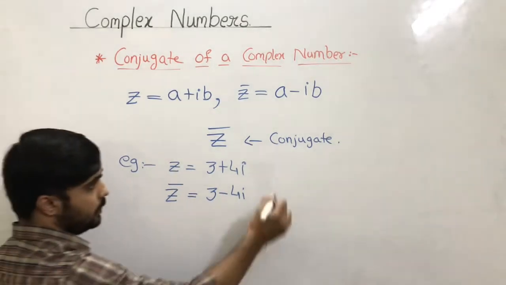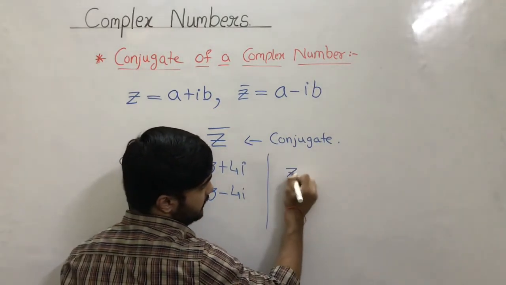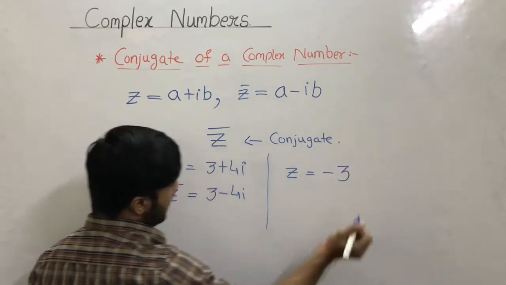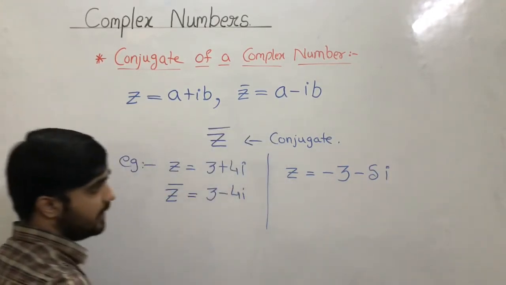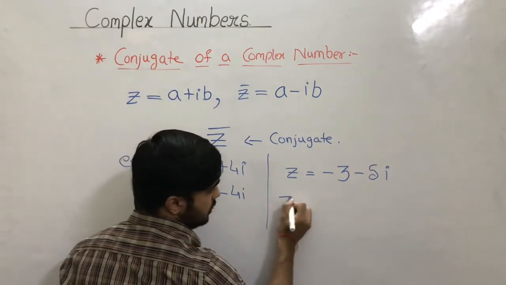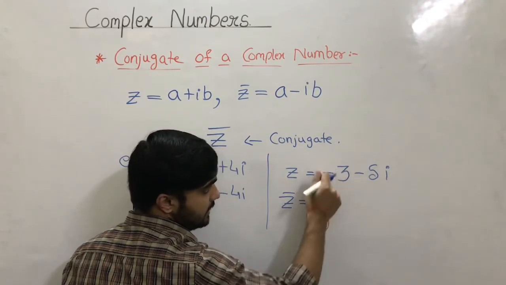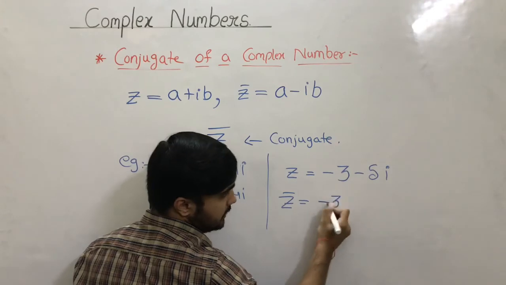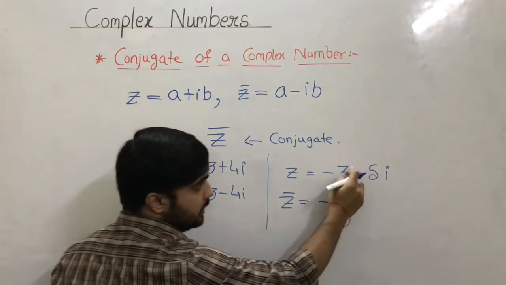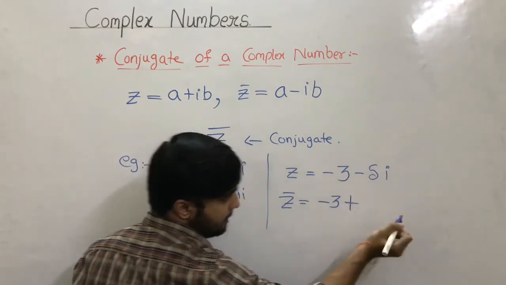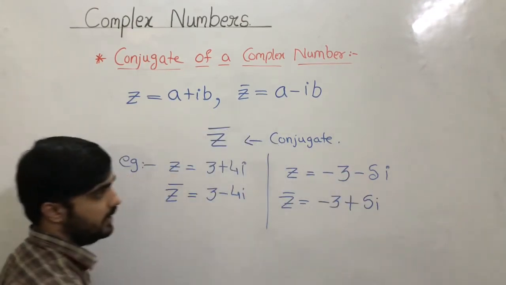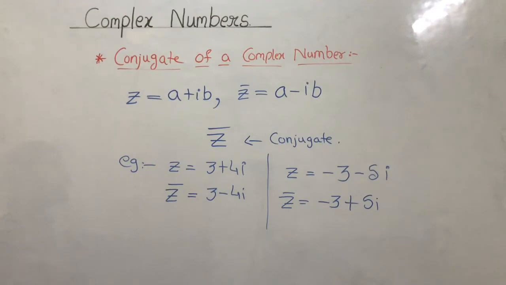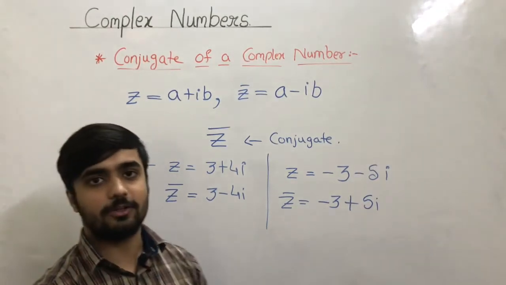Similarly, you can see one more example, like if they have given z is equal to minus 3 minus 5i and they have asked for the conjugate of this. So z bar will be, this minus 3 will be as it is because it is completely the real part. Only this minus will become plus. So minus 3 plus 5i. So this is nothing but the conjugate of a given complex number.